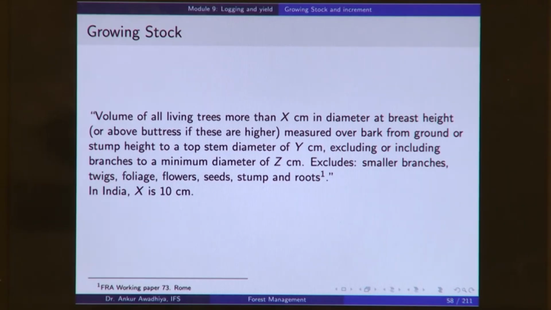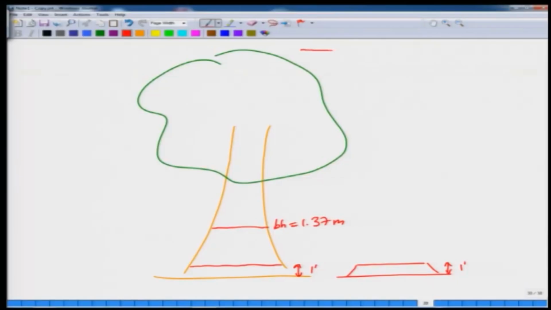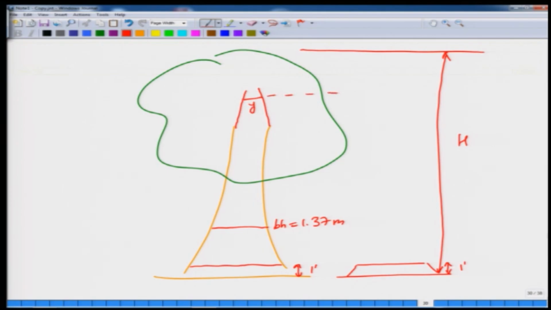So, what we are saying here is that we are not going to measure the height till the height of the tree, but we are going to measure it till the point where the diameter of the main trunk reaches a diameter of y. So, we are going to take a measurement of height such that above this height the diameter of the main stem is less than y centimeter.